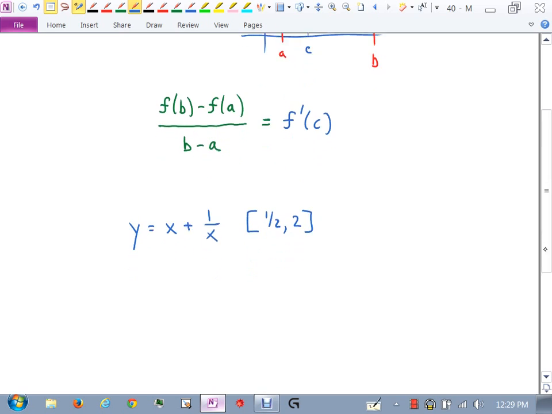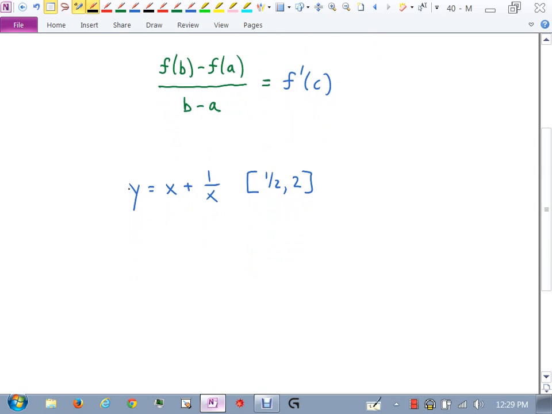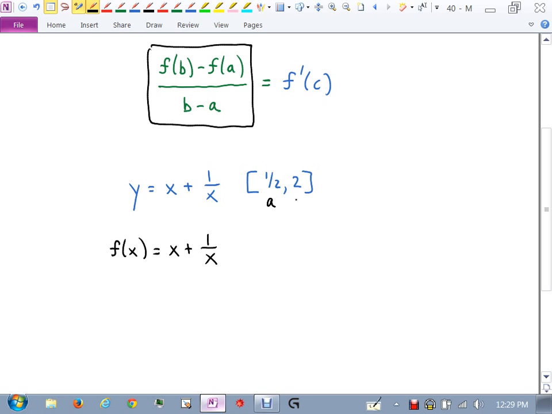Okay. So first of all, this is our function, f of x. Switch your y to f of x. The way you do mean value theorem is you first figure out what that side of it is: f of b minus f of a over b minus a. In the problem, a and b are the endpoints of our closed interval. Those have to be given to you, right?